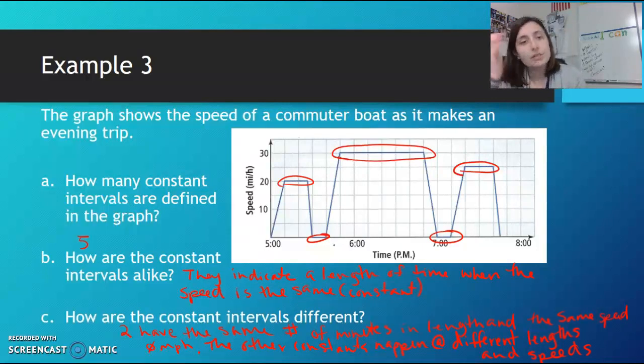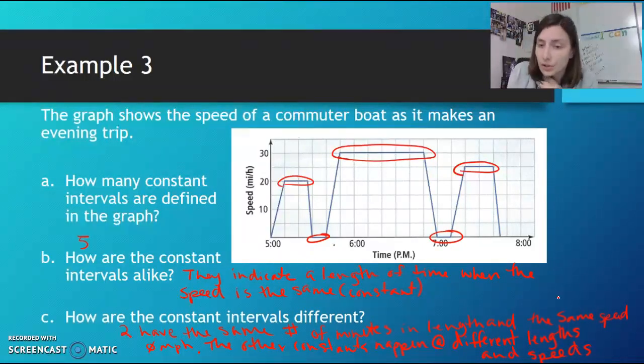So not all the constant speeds are the same, and not all of the lengths of time are we running at that speed. So those are just different lengths. I should put of time there. Sorry if that makes that hard for you. Lengths of time and speeds. So those are ways that you would see that written in your homework, because it's going to be one of those matching four options, multiple choice type of things.